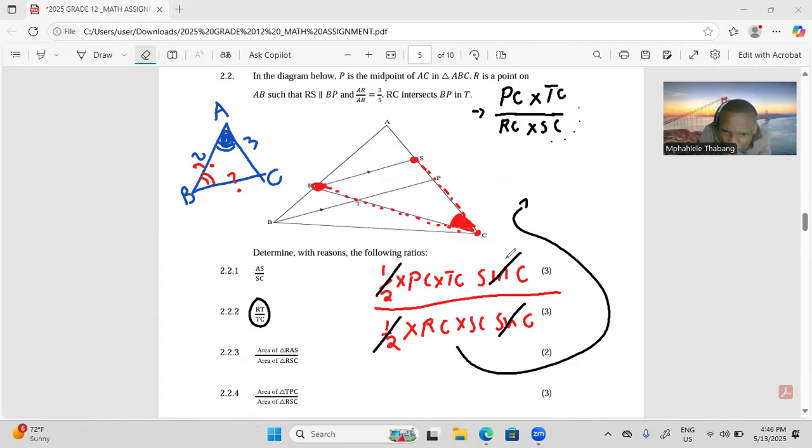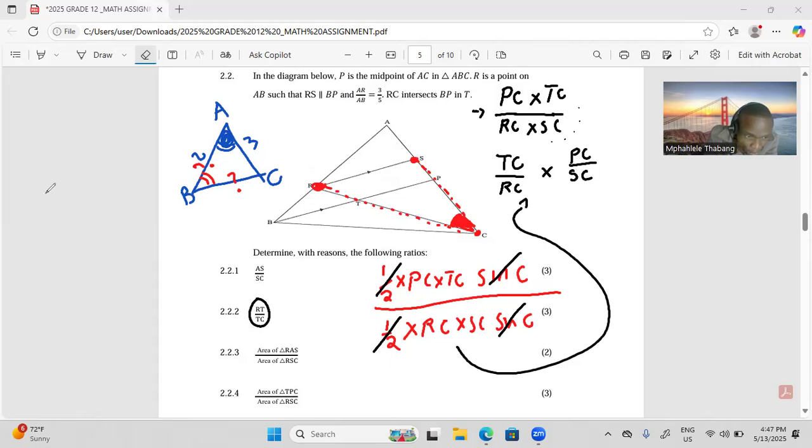So I have PC times TC over RC times SC. I'm going to write this differently: this is the same as TC over RC times PC over SC.